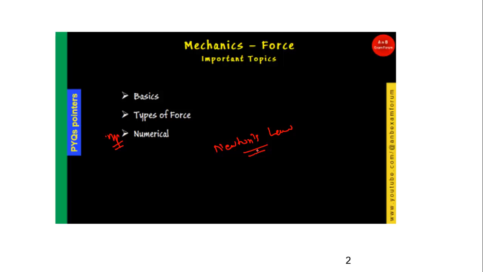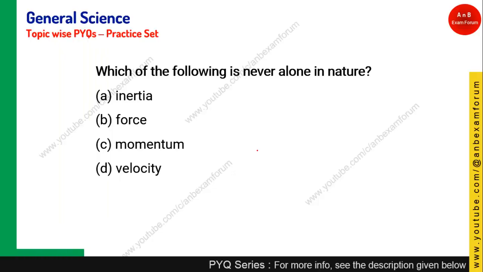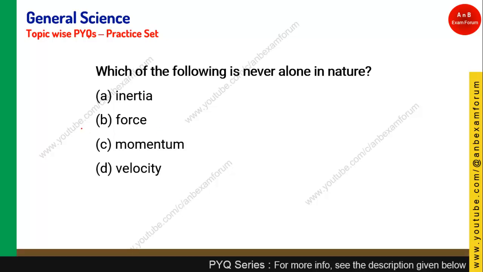The first question is on your screen: which of the following is never alone in nature? It is basically the force. Force can never be alone in nature. Why? Because according to Newton's third law of motion, to every action there is an equal and opposite reaction.